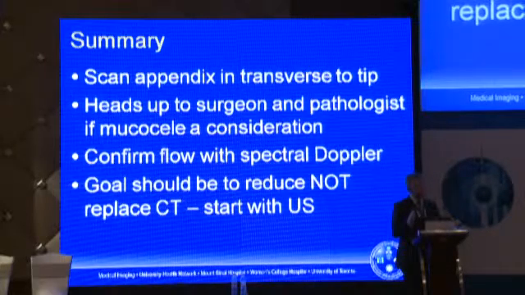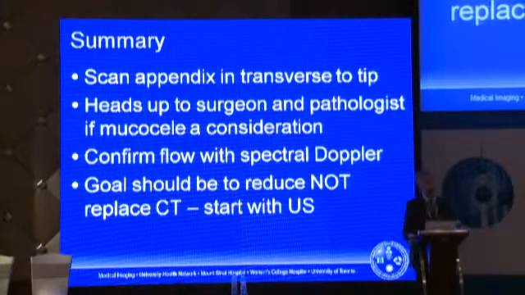And the goal here is not to replace CT for these patients, but it's to reduce CT and the associated ionizing radiation if we can do it quickly. And where I practice, it's also much more cost effective. We have a universal healthcare system funded by the government.